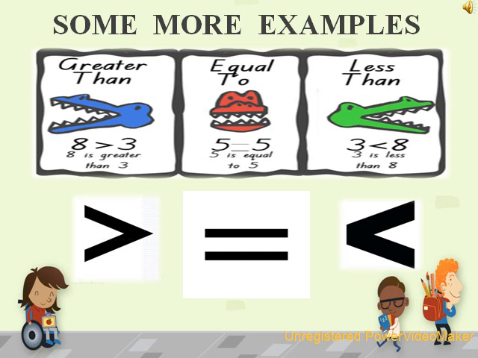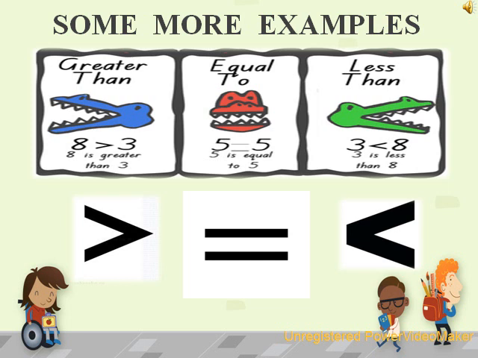Always remember that greater than sign will always open to left side. Less than sign will always open to right side. The easiest way to learn these signs is to always keep in mind that crocodile will always eat up the number which is greater or bigger.